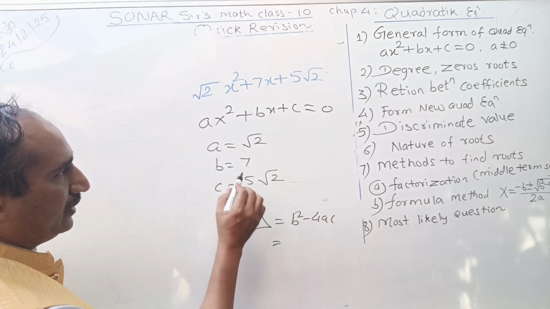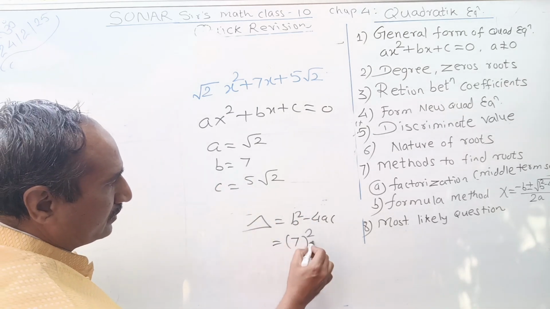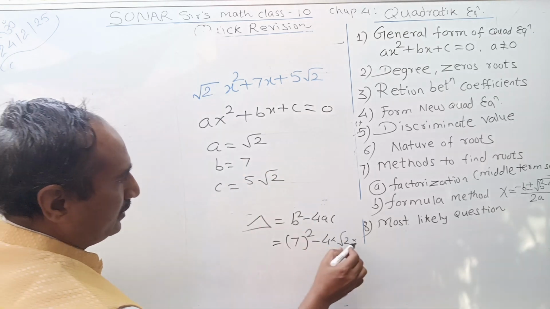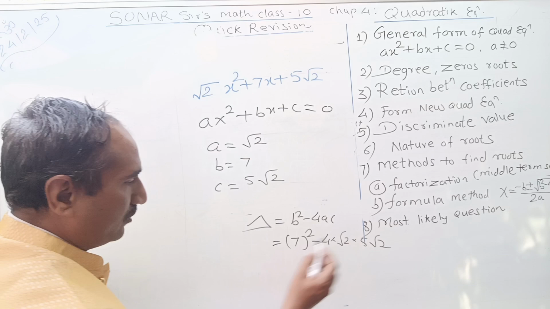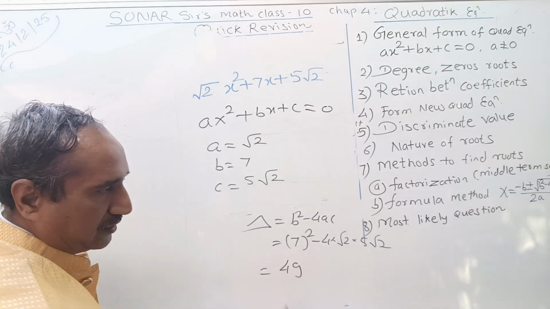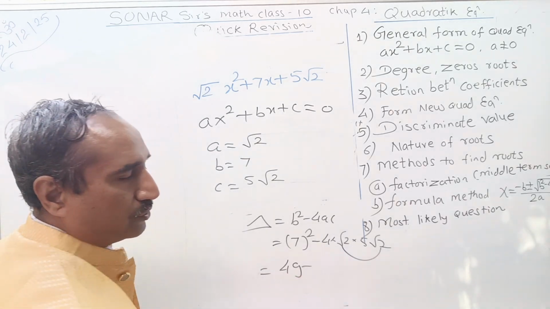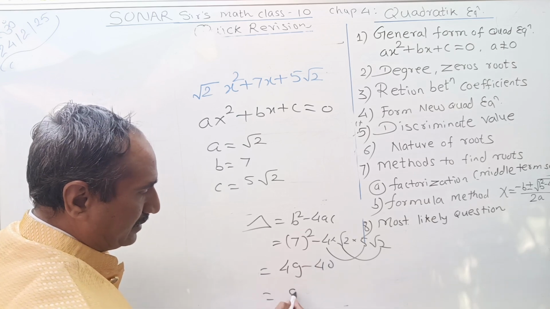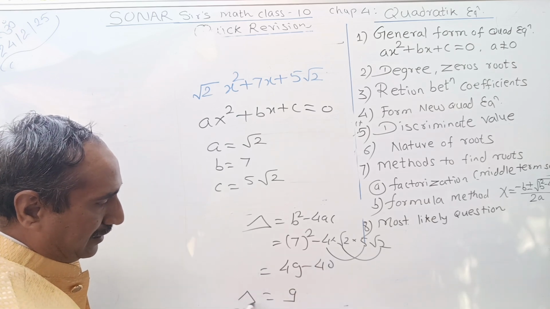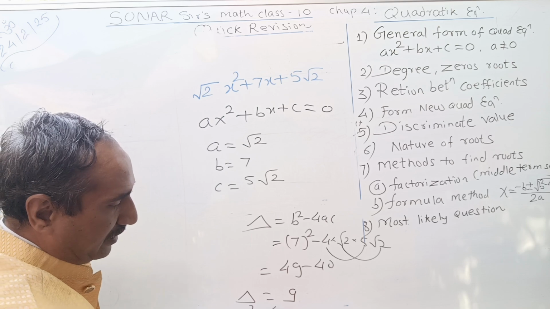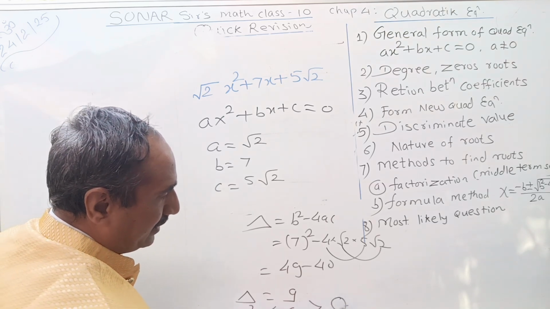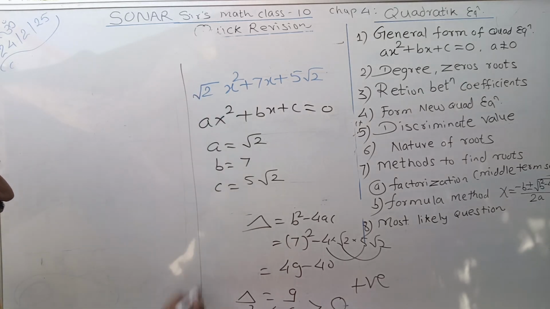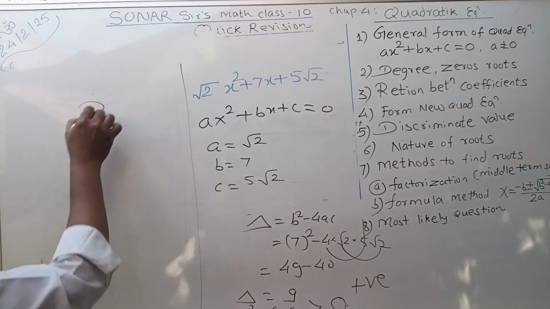What is the value of b? b is 7, minus 4, the value of a is root 2, and the value of c is 5 root 2. If we multiply, 7 square is 49, root 2 into root 2 is 2, 5 fours are 20, 2 twos are 40, that is 9. So the delta, that is b square minus 4ac, is greater than 0, that is a positive value. And as the value is positive, the roots are real.